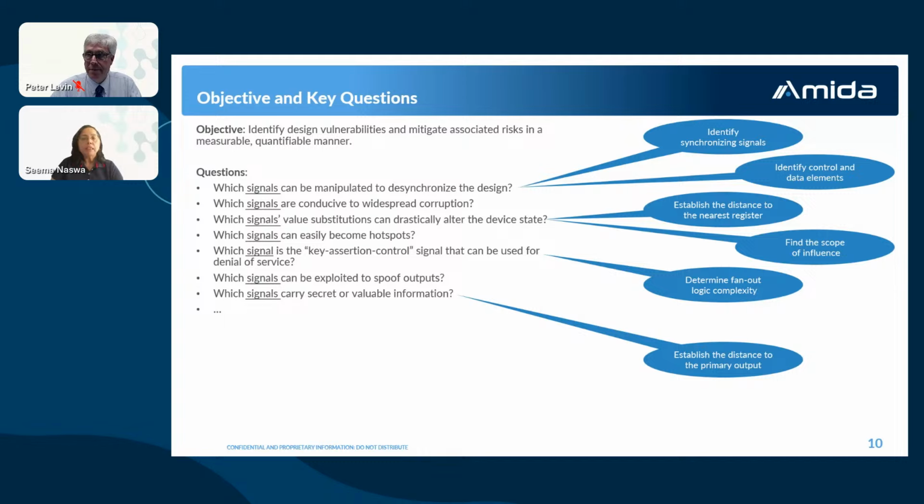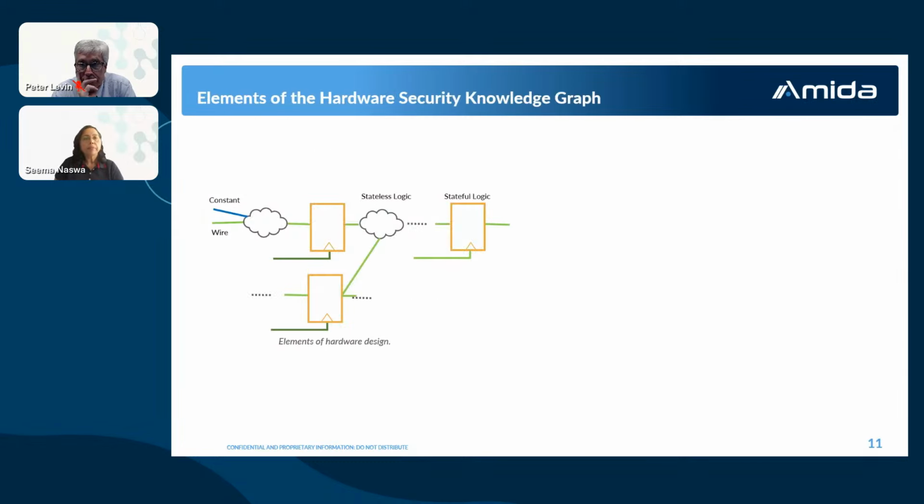Since vulnerabilities are rooted in the relationships between signals, we need a representation that captures those relationships clearly. A structure that can encode connections, dependencies, transformations at the scale that's required for chip design. And that's where Amida's unique approach begins, using the graph as the foundation for systematic vulnerability discovery.